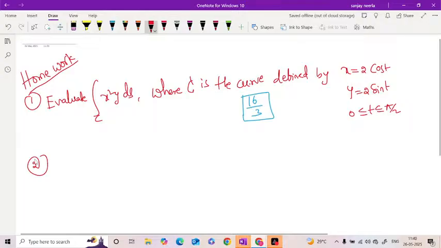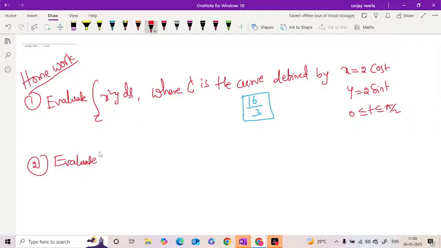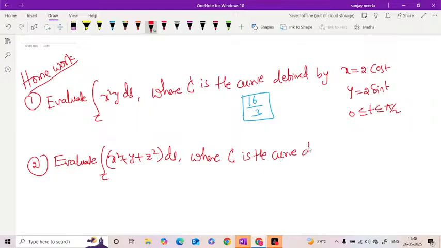Now the second problem is: evaluate the line integral of x square plus y plus z square ds, where the curve C is defined by 2x is equal to y is equal to z.